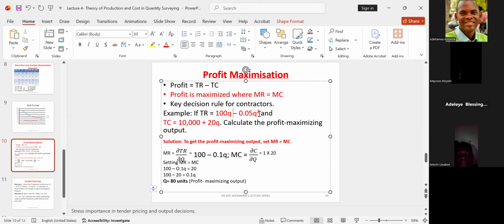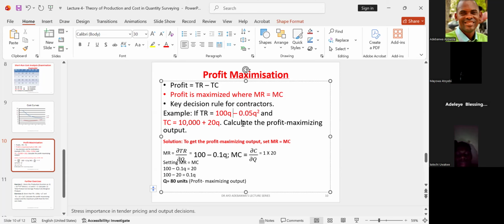Minus, then this one is 0.05Q squared. This power of 2 multiplied by 0.05 will give you 0.1. Then subtract 1 from the 2, it will give you 1. So it will be 0.1Q. So your marginal revenue will now be 100 minus 0.1Q. Then you equate it to marginal cost in order to get the profit maximizing output.